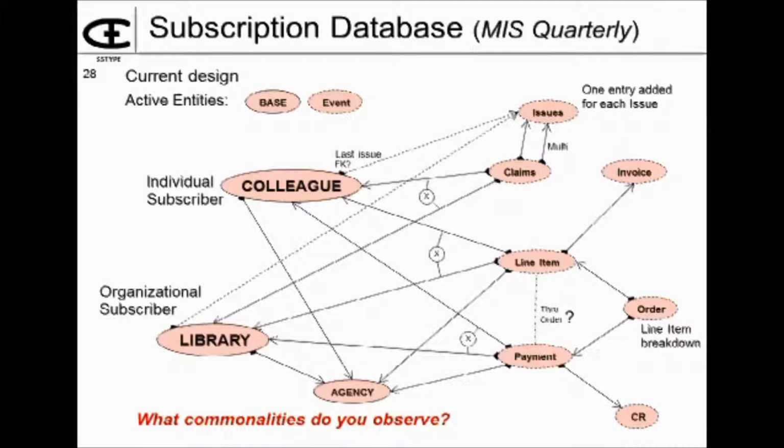When we do data modeling, we're always looking for commonalities, aren't we? That's what generalization is all about. And subtype, supertype is looking at generalities, generalizations. So what do you observe here? You're looking for commonalities. What can you see here? You're an experienced data modeler now.